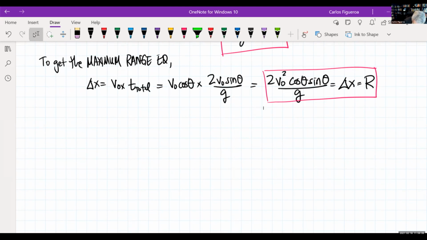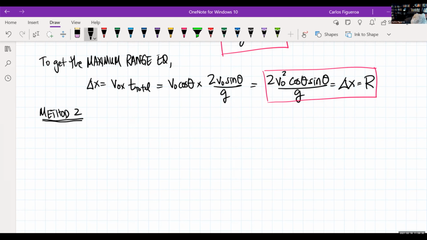And this is what I call method 2. This method could be quite powerful when you're solving problems.